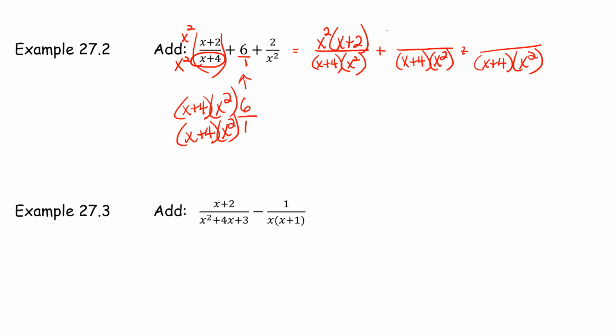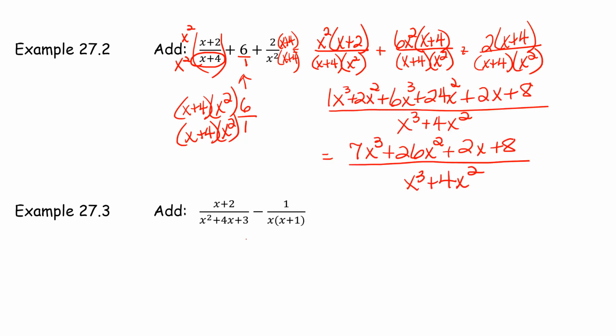So in the numerator, we'll have 6x squared times x plus 4. And then in the last, we have the x squared, but we don't have the x plus 4. So we'll have to multiply the top and the bottom by x plus 4. So the numerator will be 2 times x plus 4. So let's go ahead and multiply all this out.